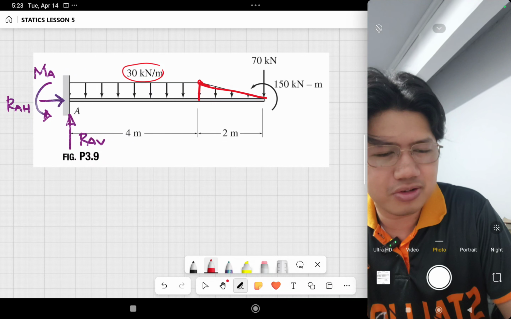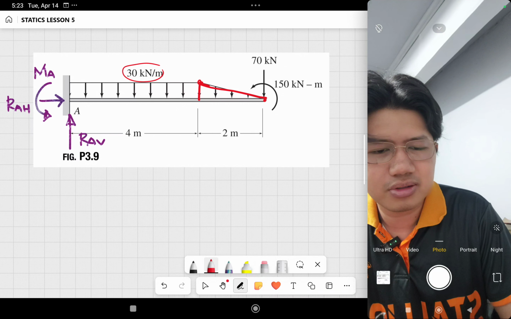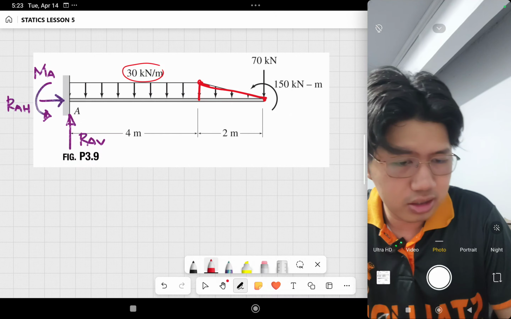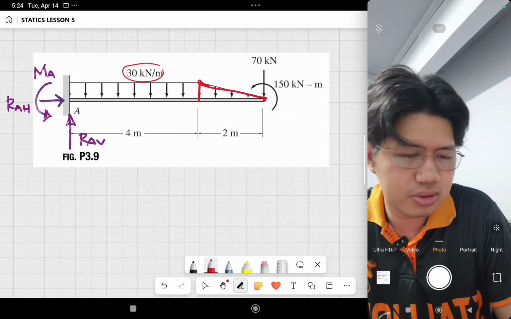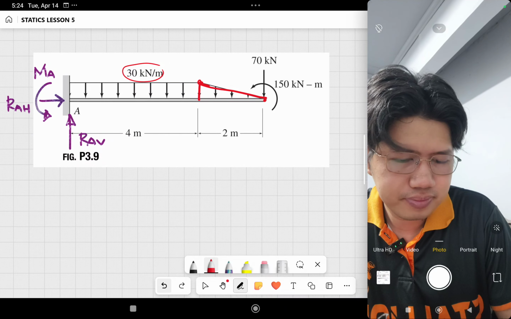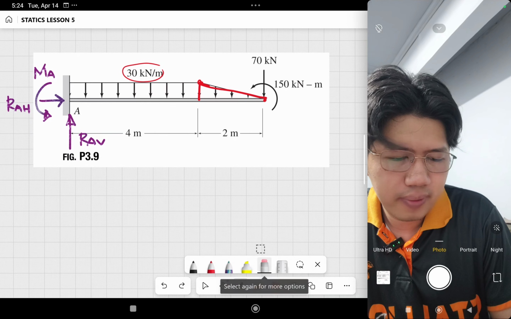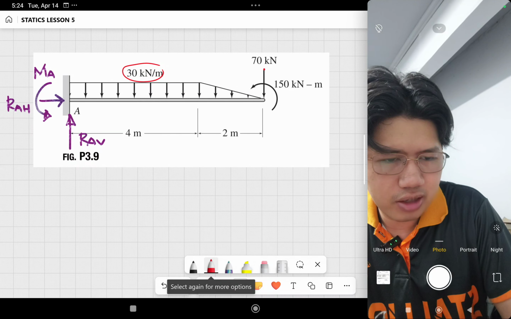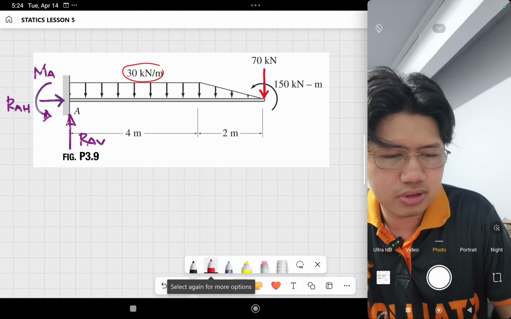Bababa siya ng 0 kN per meter. Okay, so starting from the highest 30 kN hanggang magiging 0 kN per meter. And then, hindi lang yun yung nag-exist. We also have a concentrated force dito na 70 kN.